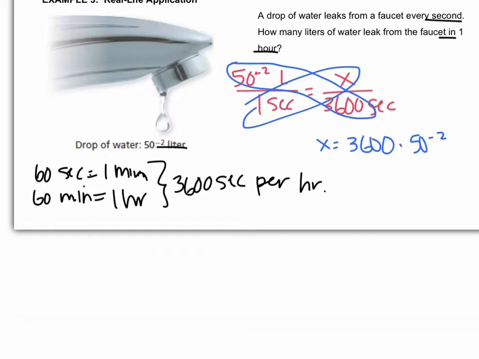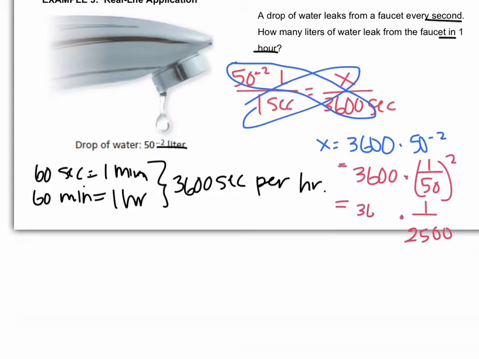All right, so I'll treat it like I did in the earlier example, letter C, and I'll rewrite this as 1 over 50 to the positive 2, and then bring the 3600 times. 1 over 50 to the second is 1 to the second, which is 1, and 50 to the second is 2500.